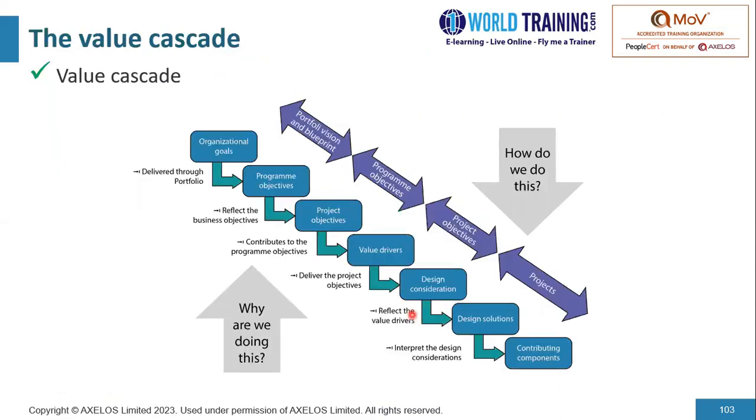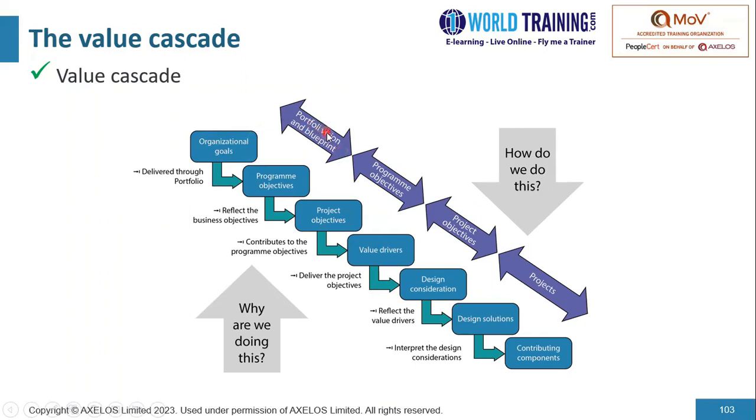Here we have an example of a value cascade. Generally speaking, when we define value for a particular project or a program, the journey begins with the organizational goals, strategy, the vision, the mission. From there, we cascade it down to the portfolio vision.